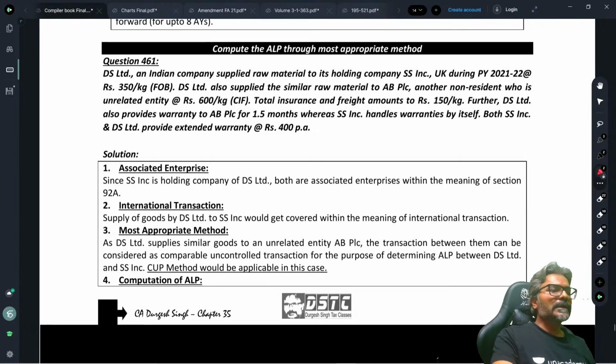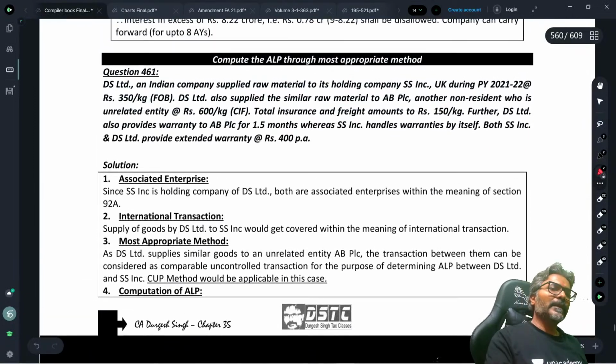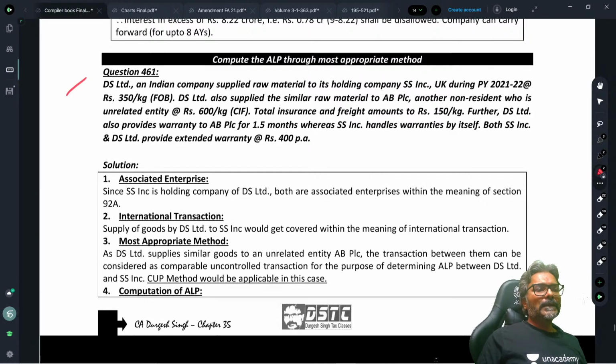Here it is, friends. Question number 461, page 514.